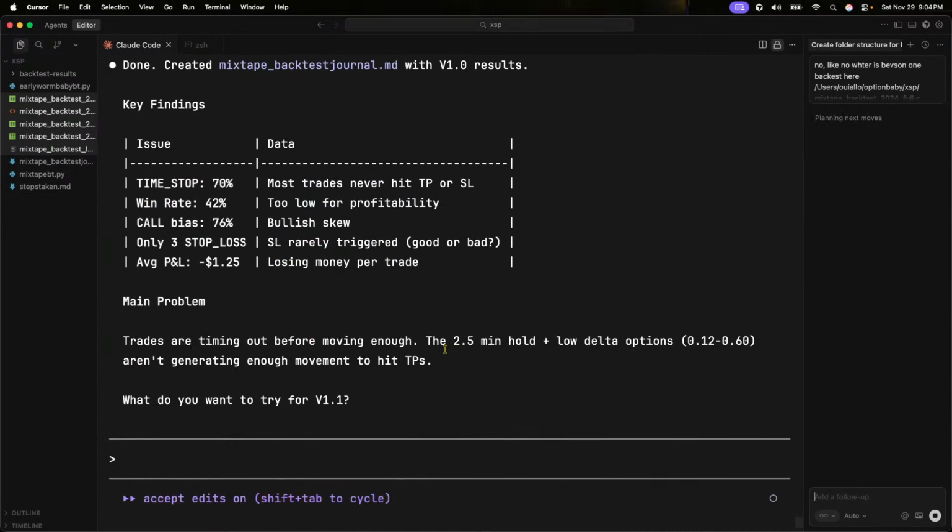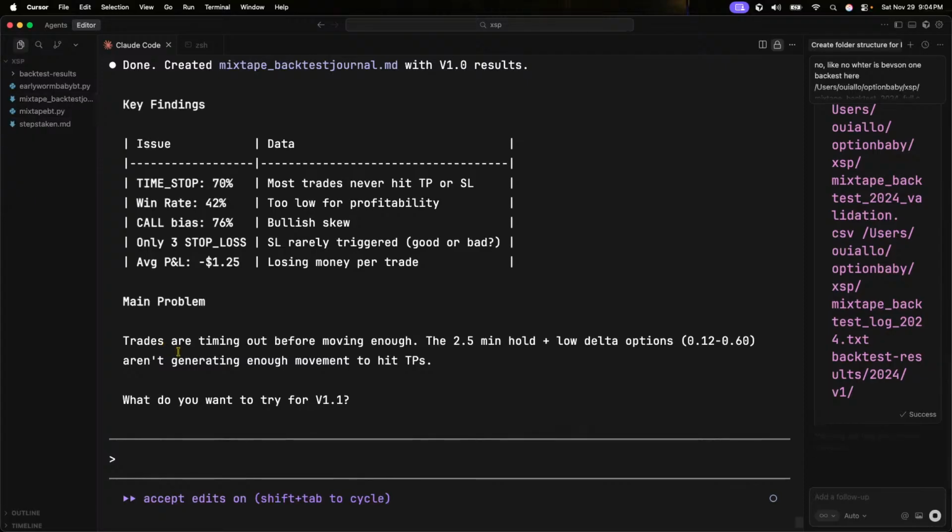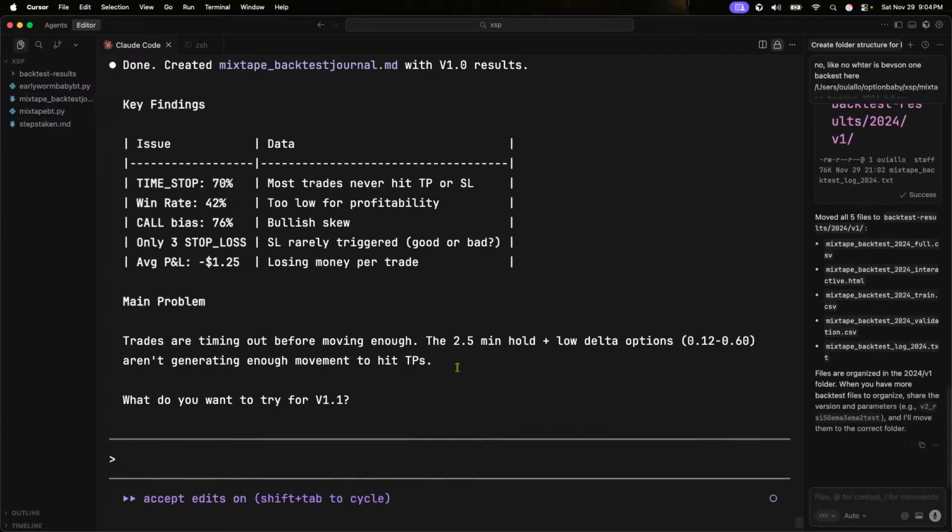All right. The trades are timing out before moving enough. The TP 2.5 hold plus the low delta options are not generating enough momentum to hit TPs. What do you want to try for version 1.2? Really? Maybe let's try to increase these deltas. So let's go from 0.15 to 0.55, right?